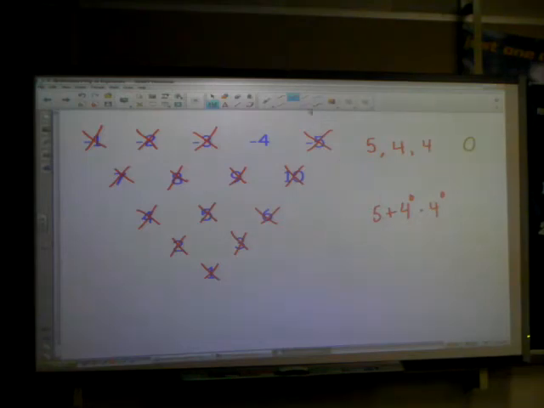Alright, 1 to go. Just need the -4, and it is possible. You might think about how Michaela got +4, because it could be very helpful. It's not the only way to do it, but it could be helpful. There you go.